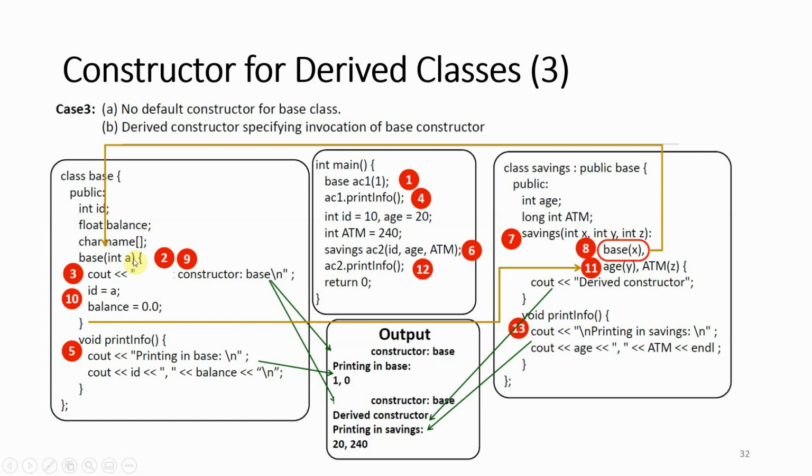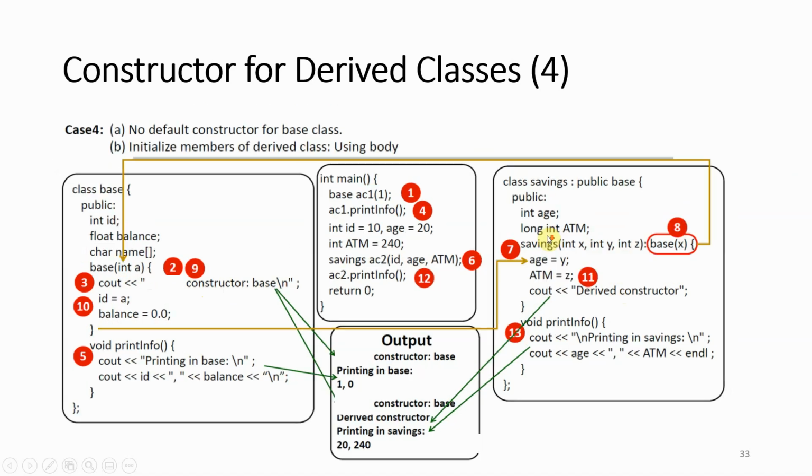Initializes A as 10, and ID becomes 10, balance becomes 0, also prints this message. And then once this is finished, it initializes age as 20 and ATM as 240, and then it goes inside the derived class's constructor.